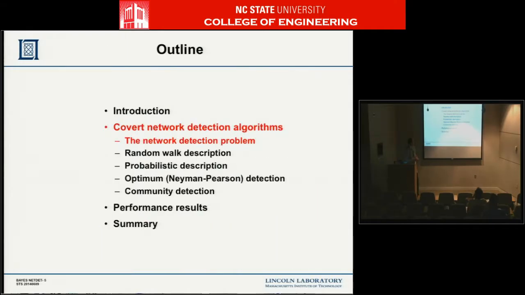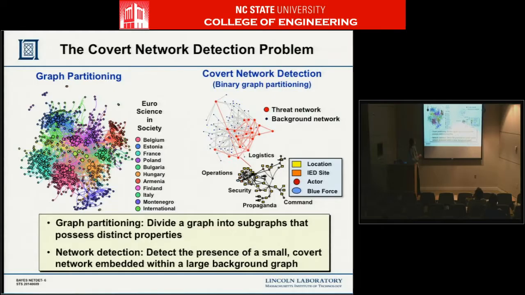Okay, so now I want to talk about detection algorithms, and this obviously is going to be the body. And I'll talk about the network detection problem more specifically first. The network detection problem is a specific case of the graph partitioning problem, and I've shown an example here.